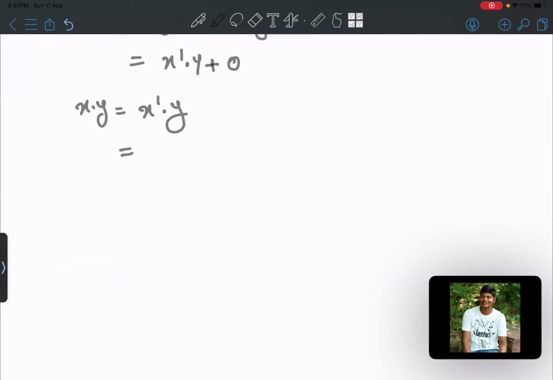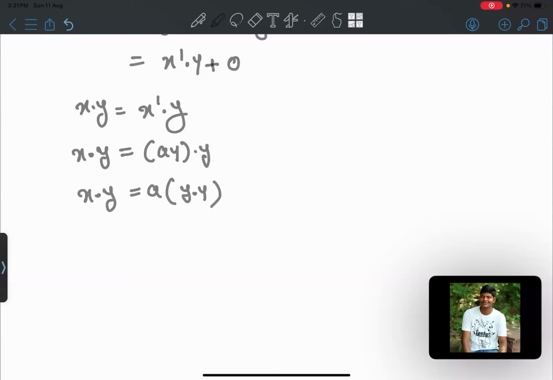Now this x prime, how can we write? We can write a y dot y. This will equal to x dot y. So this is a scalar, so the scalar will come outside, then a y dot y will be equal to x dot y.